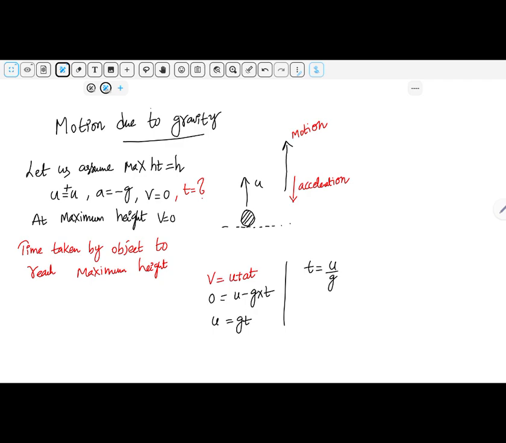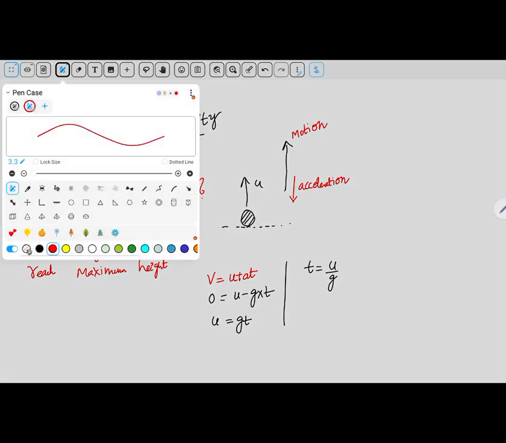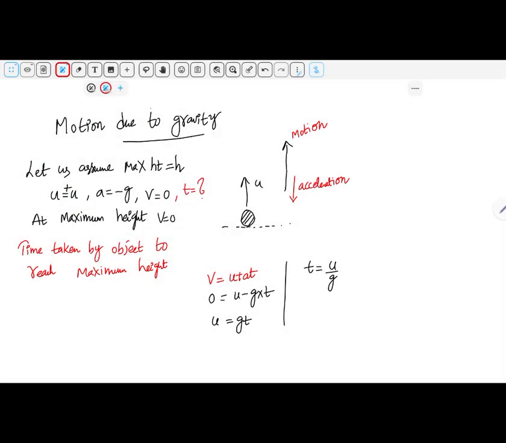Okay, so the time taken by the object to reach the maximum height depends upon its initial velocity, whereas the acceleration due to gravity is a constant value. We know its value is around 9.8 meter second power minus 2.